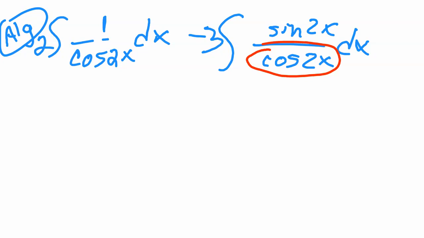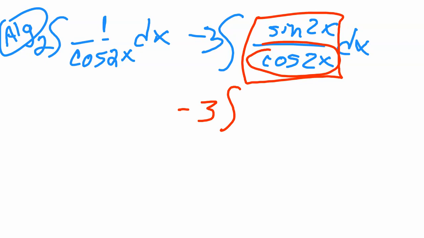We could certainly do that using substitution there. The other thing that we could do is utilize the theorem that we just had. So instead of using substitution here, I'm just going to say, hey, this is equivalent to minus 3 times the antiderivative of sine over cosine, which is tangent, right?